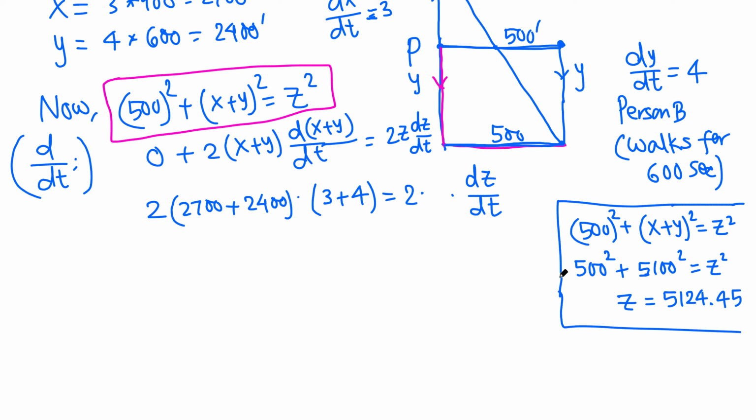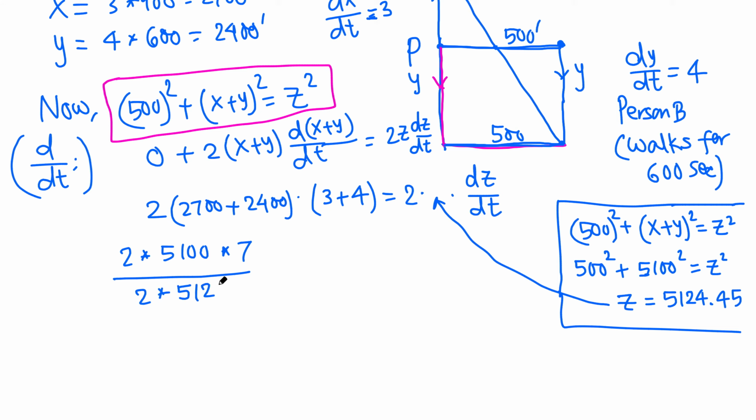So g is here. Now let's isolate dg over dt, and we are done. So 2 times (27 plus 24), that's 5100, times (3 plus 4), 7, divided by 2 times that number, 5124.45, equals dg over dt.